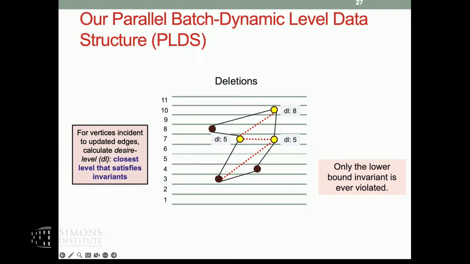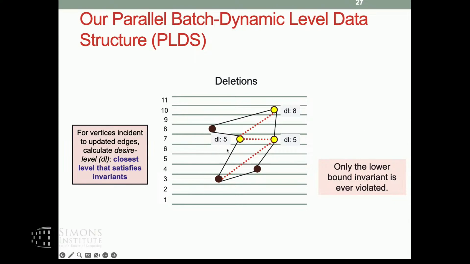Okay, so what we're going to do is for all of the vertices that are incident to these edges that I delete, I'm going to check whether their lower bound invariant is violated. If they are, then I'm going to compute what's called a desire level, which is the closest level below them such that their lower bound invariant is satisfied.